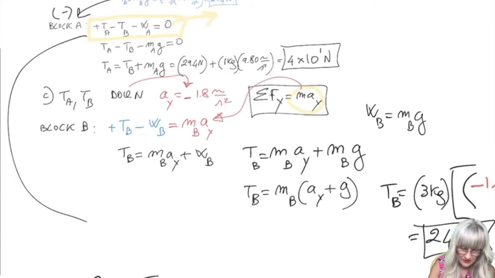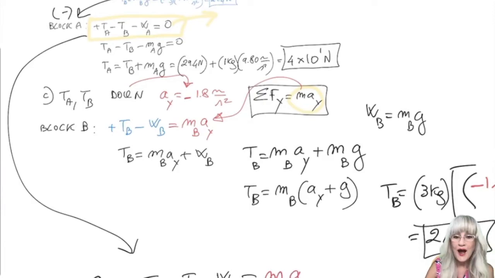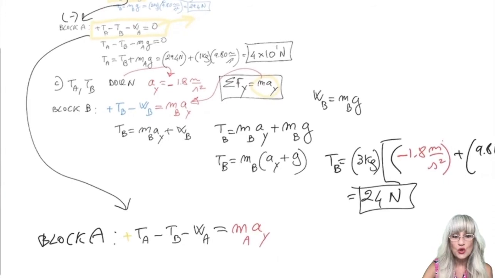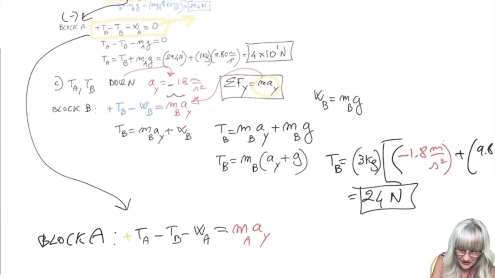This one. Minus T of B minus the weight of A equal mass of A multiplied by this a_y. That is the downward acceleration right here, negative 1.8.